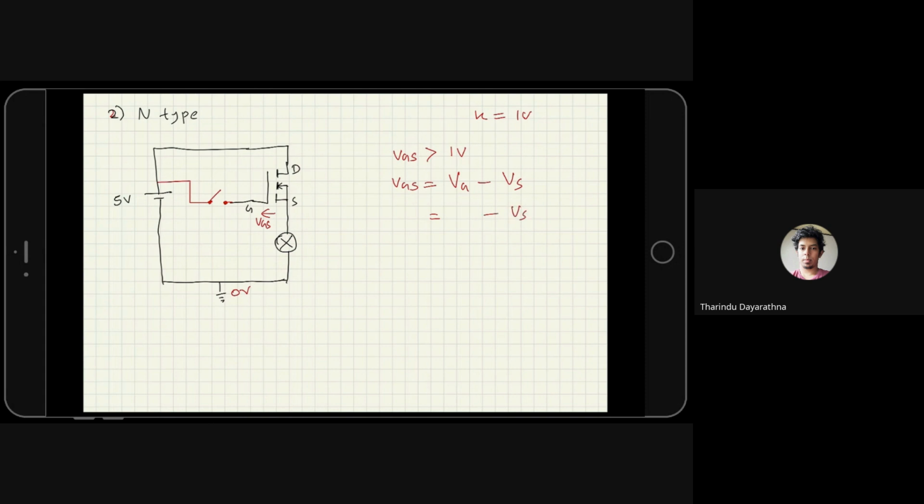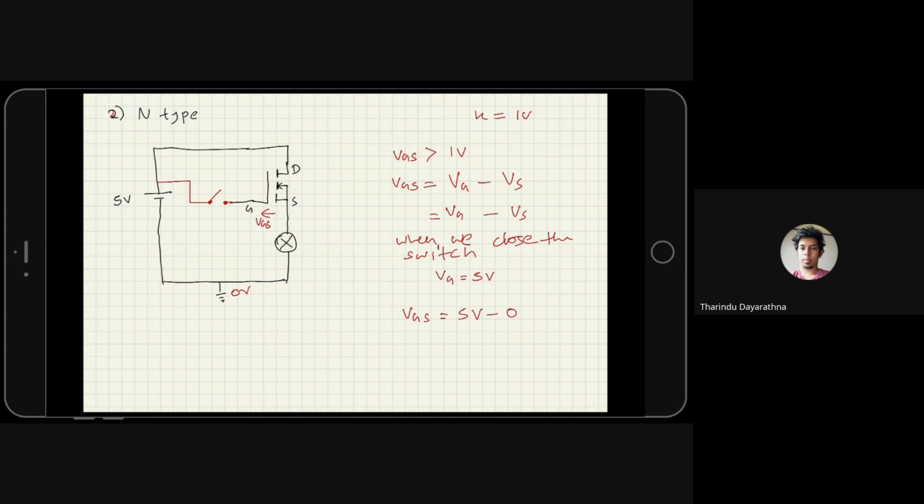Now when we close the switch, our VG will go to 5 volt. Now VGS is 5 volt minus 0, so VGS is greater than 1 volt.